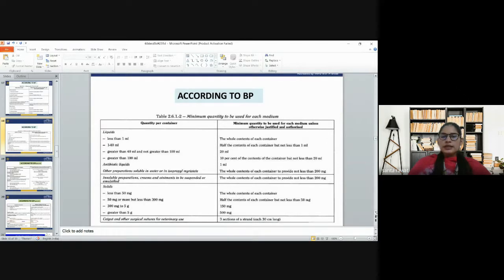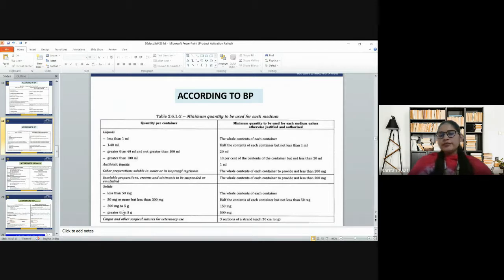Then for solids, if there is less than 50 mg, we have to test the whole contents of each container. If there is 50 mg or more but less than 300 mg, we have to test half the contents of each container but not less than 50 mg. Then for 300 mg to 5 g, we have to test 150 mg.